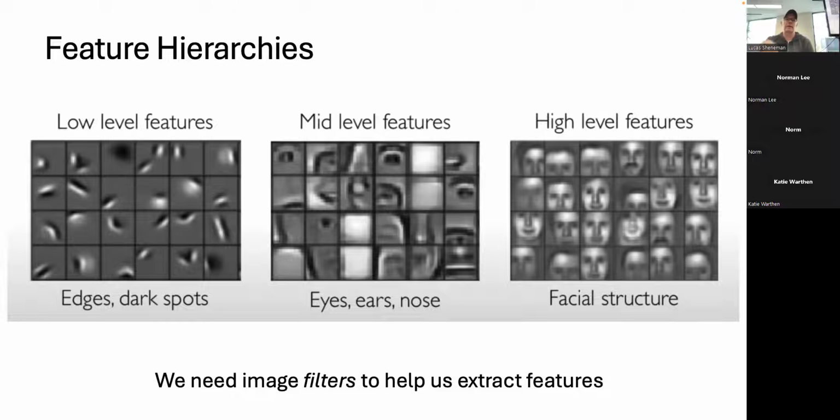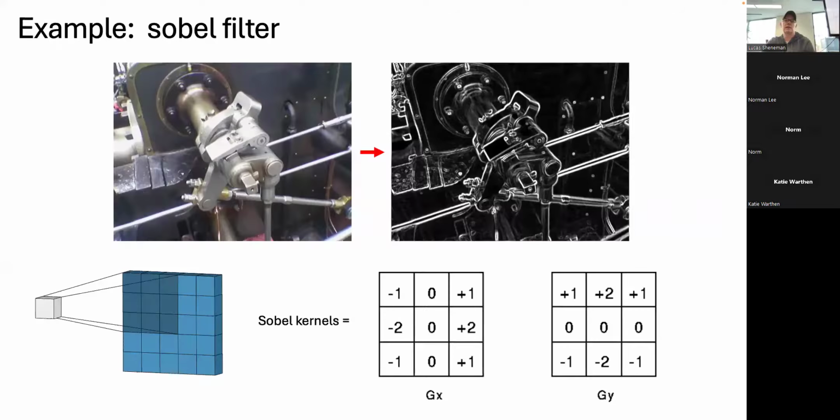So you start aggregating them into things like edges, dark spots, light spots. If you're trying to identify human faces, that might then translate into parts of faces like eyes and ears and noses, and then eventually into discrete facial structures. And so it's in those hidden layers and the way they're organized that feature extraction happens.